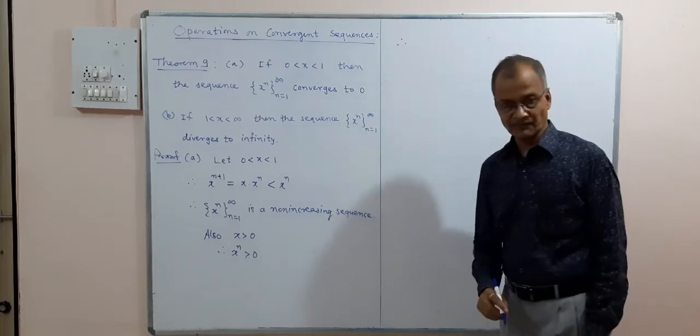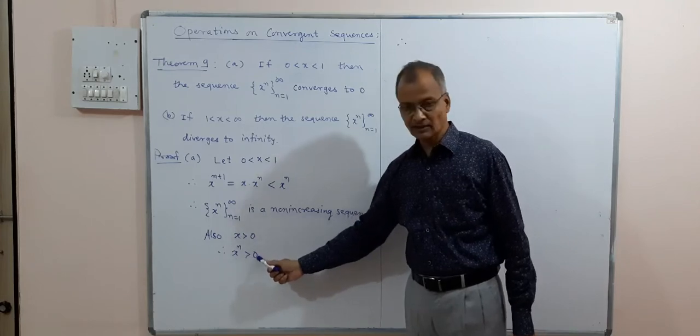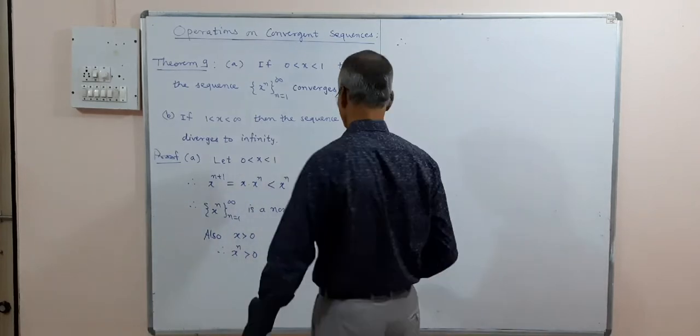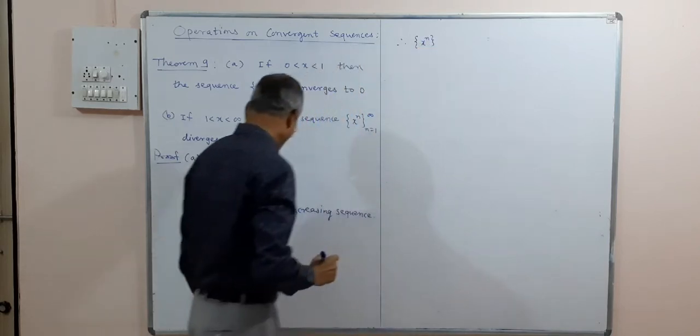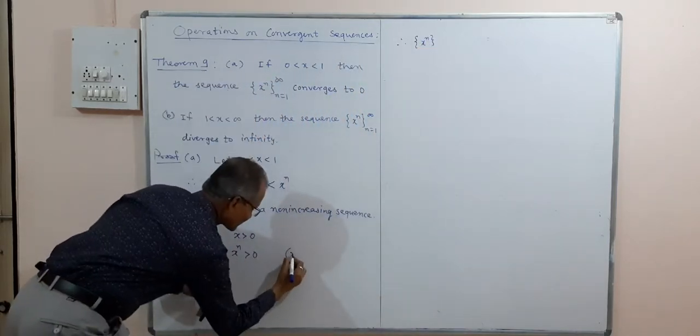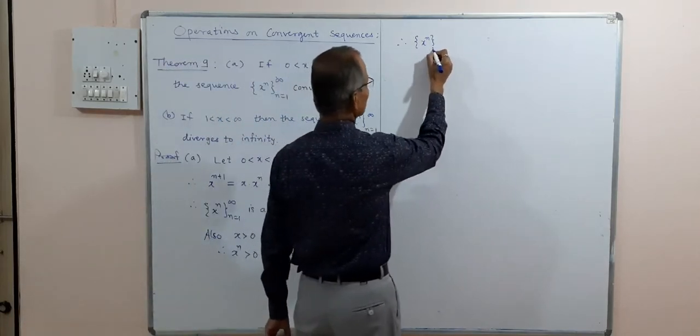This shows that the sequence is bounded below. Every term of the sequence is greater than 0 means the sequence is bounded below. Here n belongs to I. Therefore, x raised to n is bounded below.